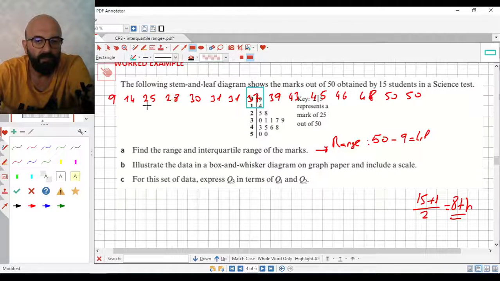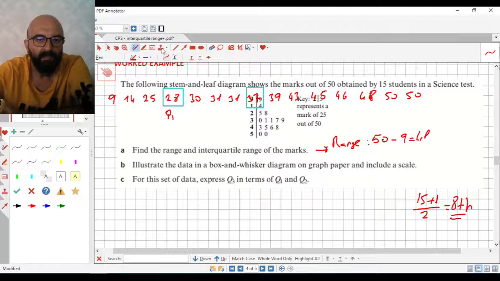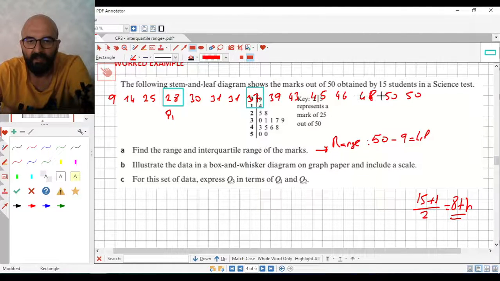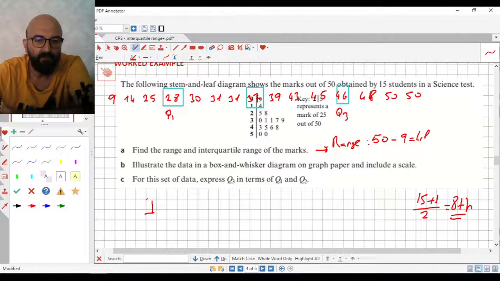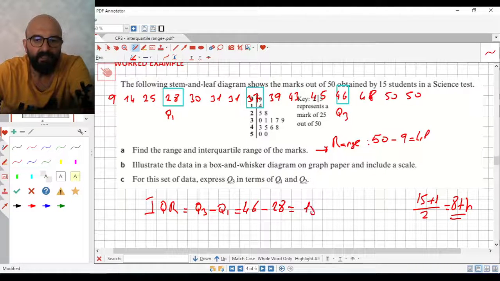The middle of the lower 7 data, 28, is the lower quartile, and the middle of the upper 7 data, 46, is the upper quartile. The interquartile range is Q3 minus Q1, 46 minus 28, which is 18.